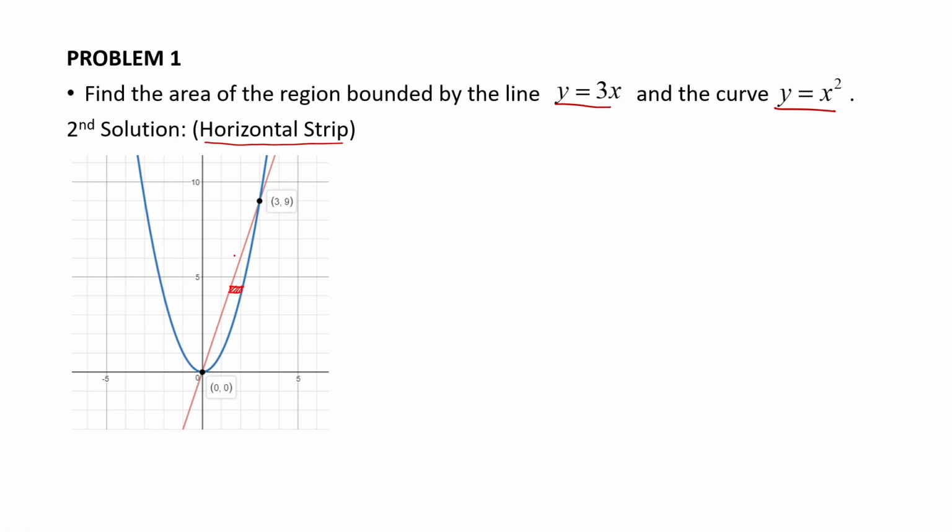Again, you have to be consistent. Whether I place the horizontal strip at the bottom, notice that the right and left is always blue minus red. For example, at this portion here, it's blue minus red. You have to be consistent that the right and the left portions are touching the same equation.